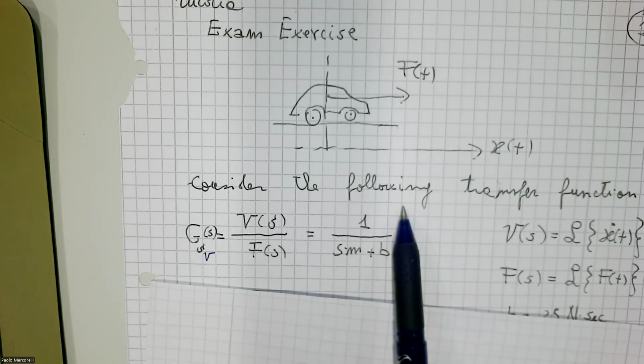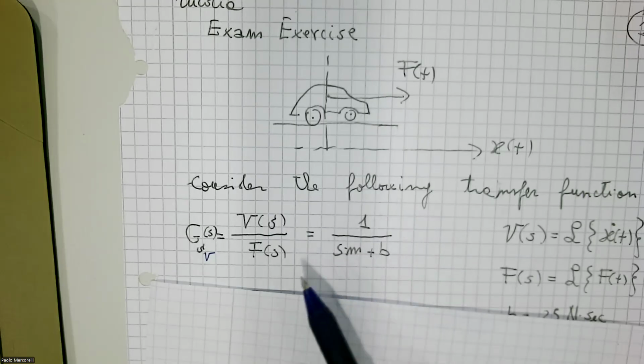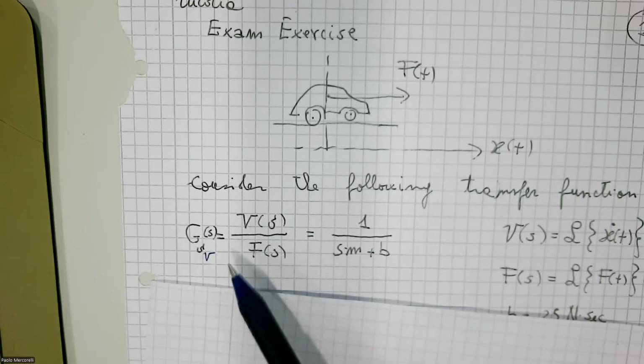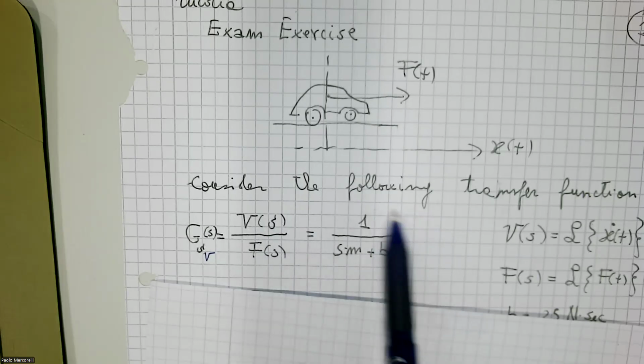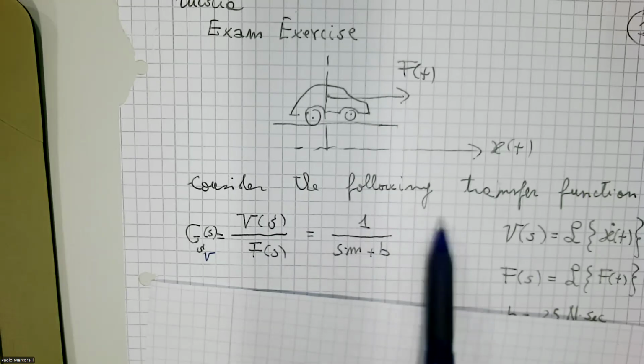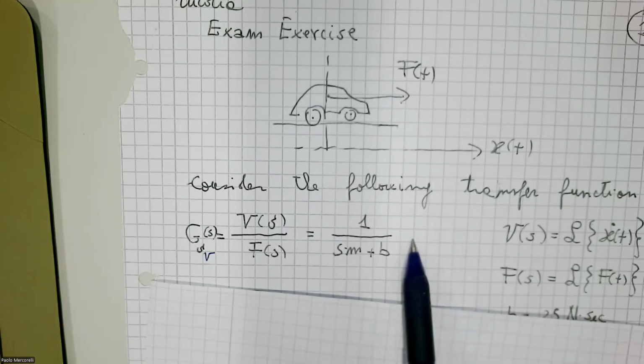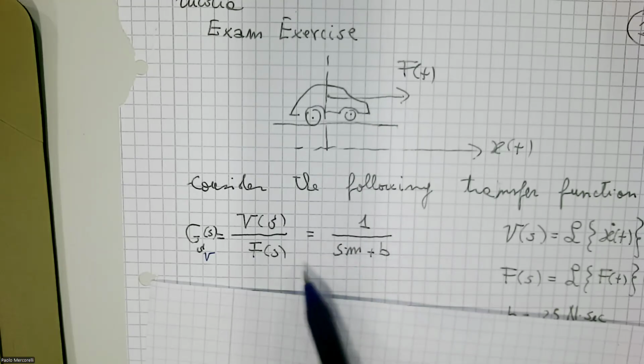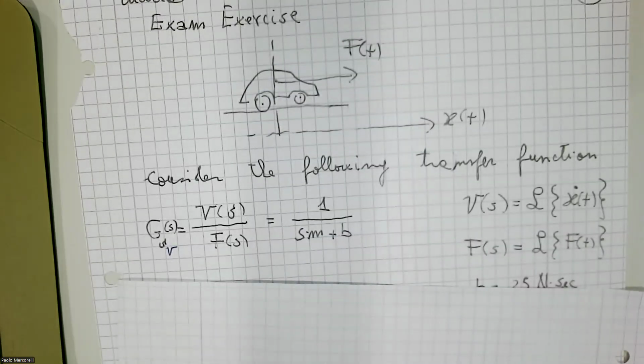Now, if I want to transform everything, if I want to see what the position is, it is this expression here, multiplied by F(s), divided by s. Why that? Because if I divide by s, I have an integral, no? And then you remember the integral theorem. You remember the derivative is reflected by multiplication by s, and the integral is reflected in the s domain by division by s.